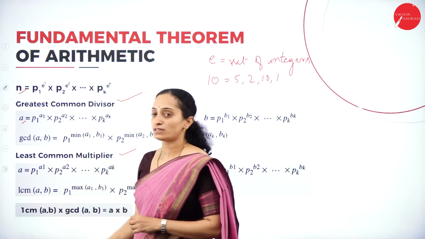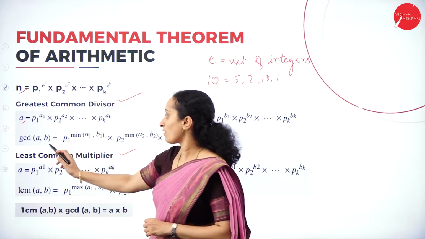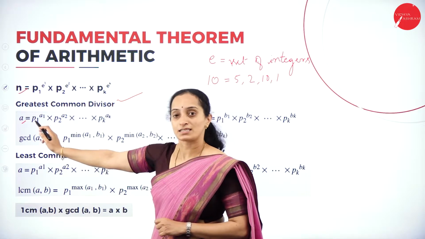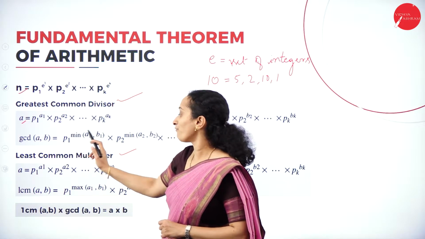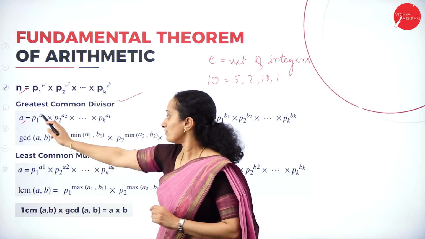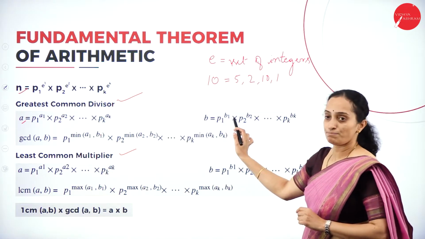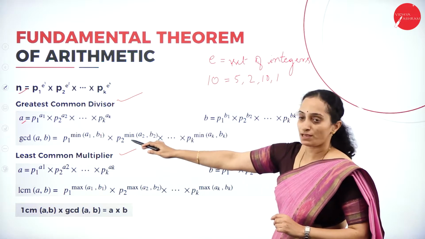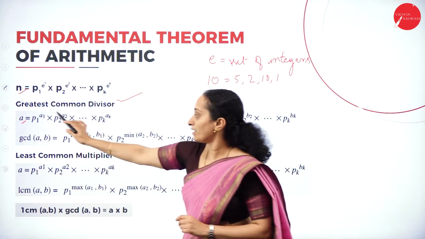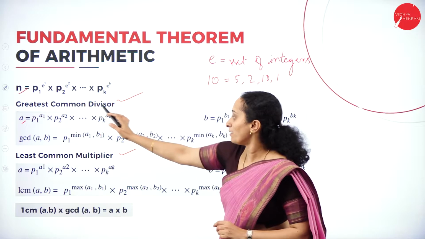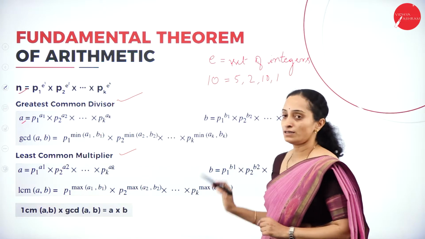So you can find out the GCD of two numbers A, B. The expression can be P1, that is prime 1, to the power of minimum value of A1, B1, into P2 to the power of minimum of A2, B2.